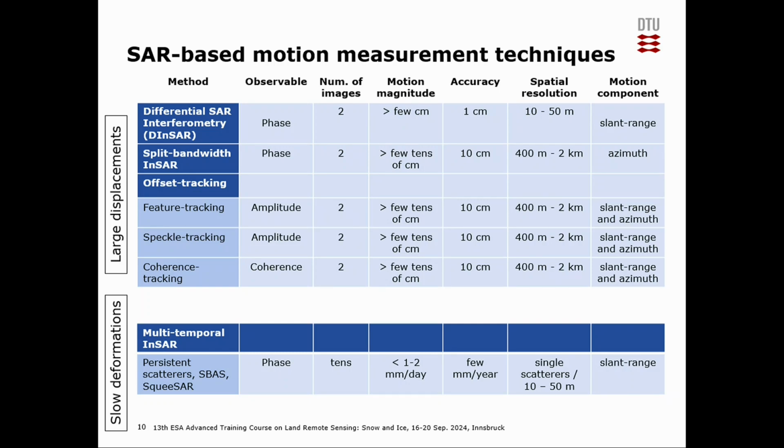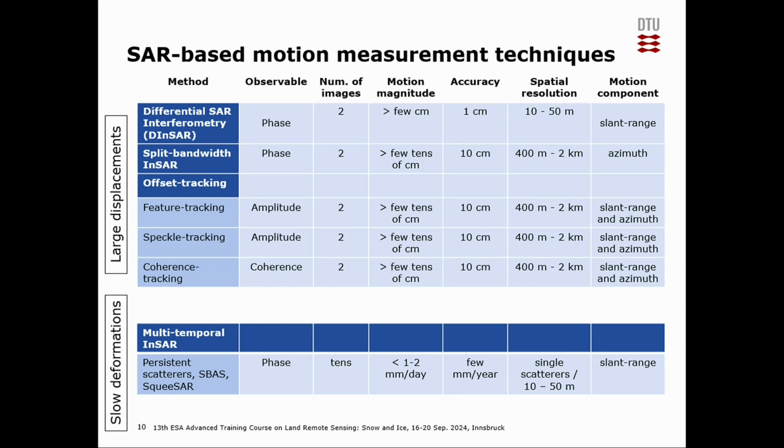So if we look at, to give you an order of magnitude, an overview of the sensitivities and some other properties of these measurement techniques. If we look at large displacements, with two images we can measure motion in 1 or 2 dimensions, and the achievable resolutions will depend on the imaging modes of the satellites, which generally trade off coverage for resolution.